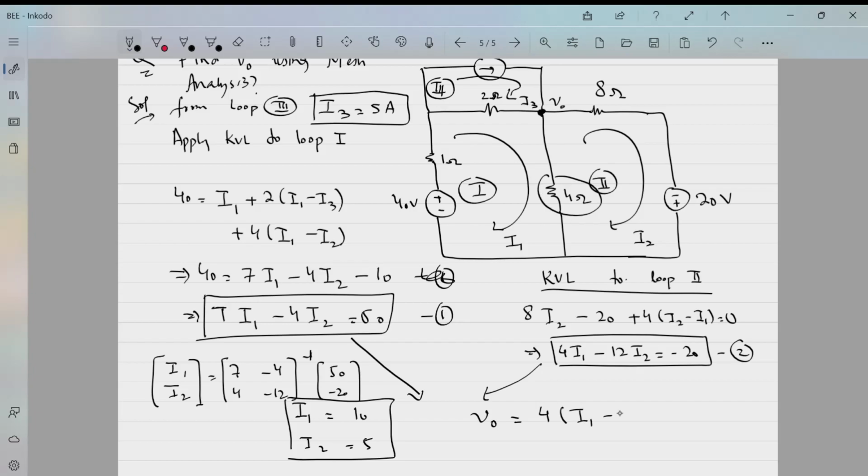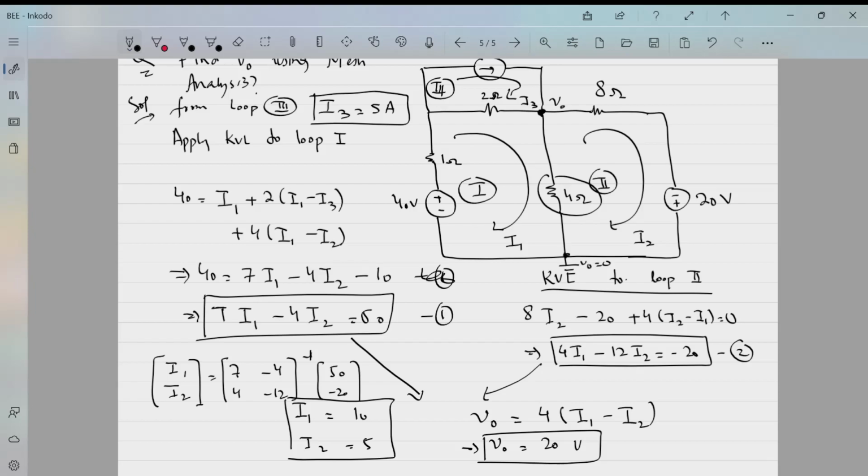I1 minus I2. So V naught will be equal to this 4 ohm resistor into I1 minus I2, because at ground this voltage is 0. So the potential difference is V naught minus 0, that means actually V naught only. So 4 into I1 minus I2, that is 4 into 5, that is 20 volts. ठीक है, तो ये भी हो गया आपका.